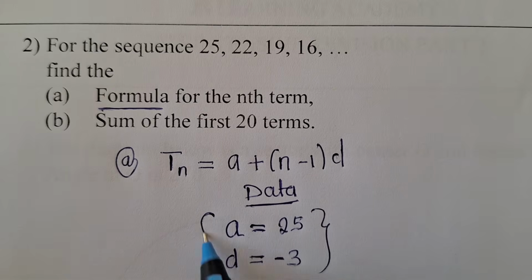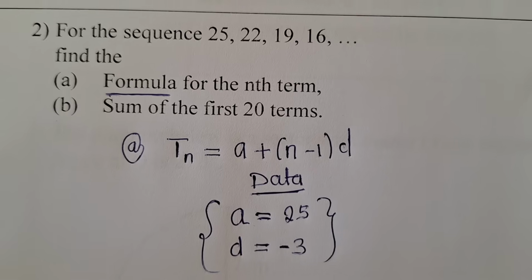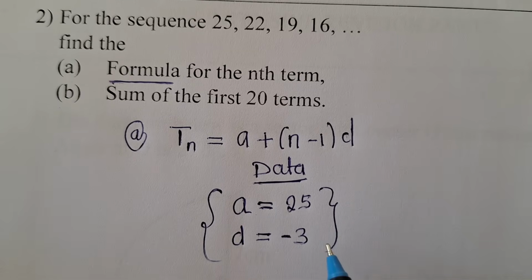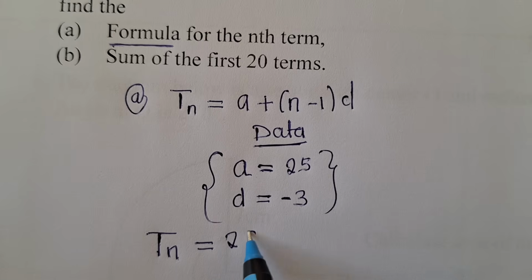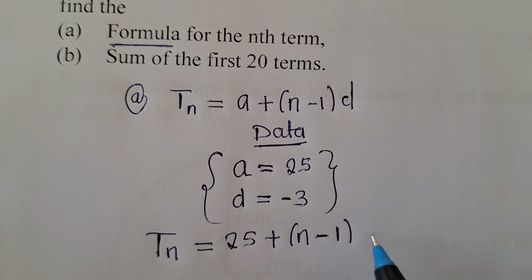So these are the two things that we need. So once you get this, you can plug them in the formula. So you can say T subscript n is equal to 25 plus n minus 1 multiplied by negative 3, which is d.